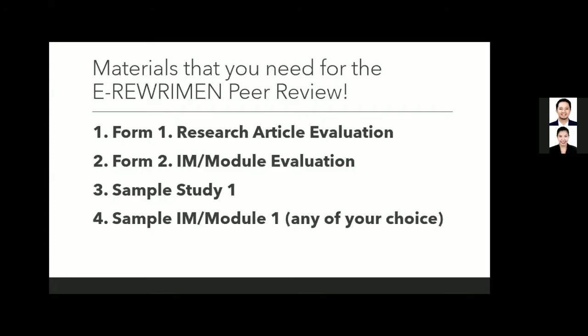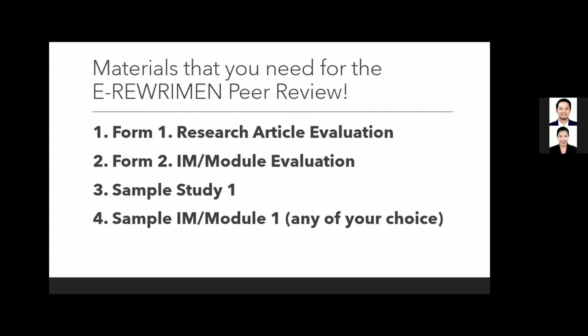Okay. So these are the materials that we will need for E-REWRIMEN peer review. We have Form number 1, the research article evaluation. We have Form number 2, the IM or module evaluation. We have sample study 1, which we will be giving you later. And another one is sample IM or module 1.